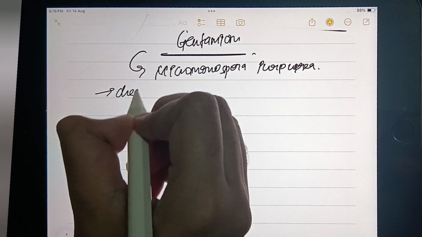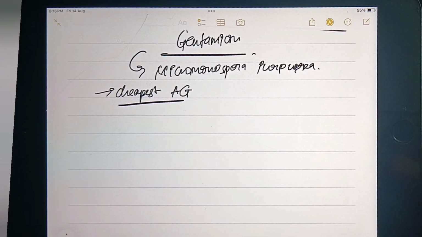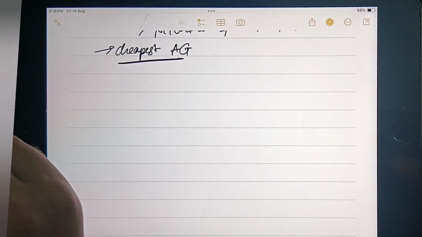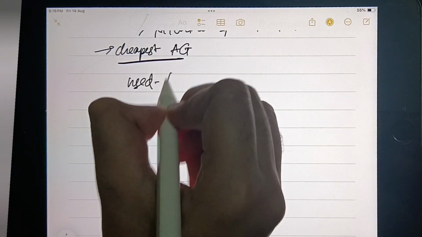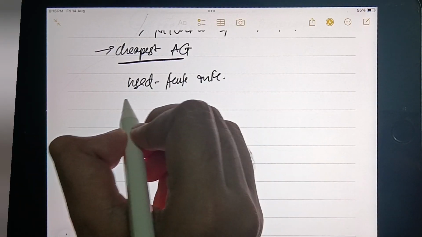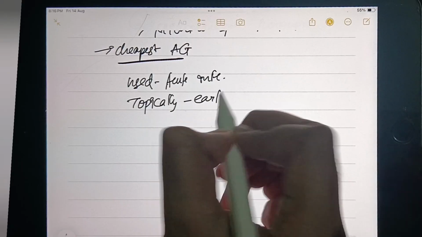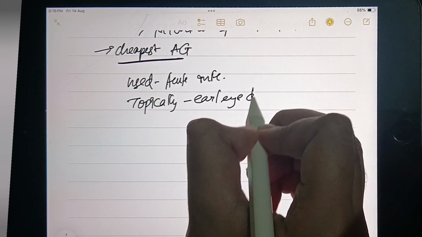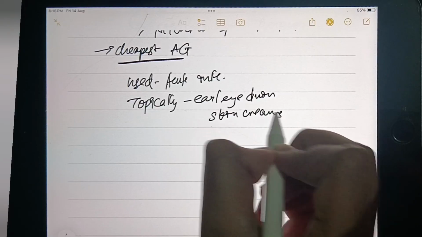Now it is the cheapest aminoglycoside, and it is most commonly used in acute infections, and it is also used topically in ear or eye drops and for skin creams.